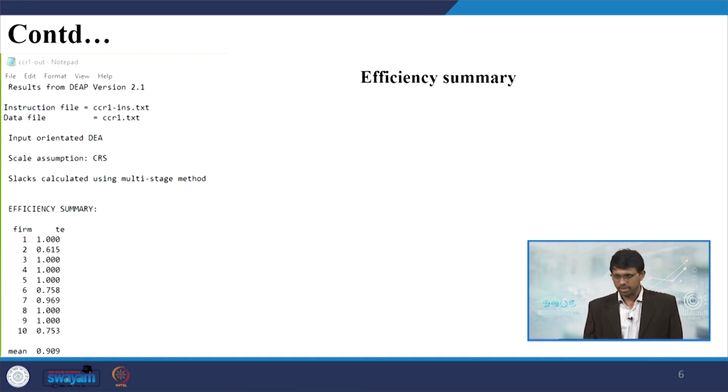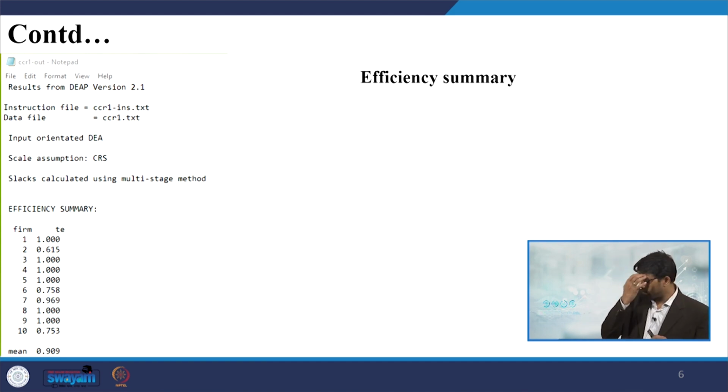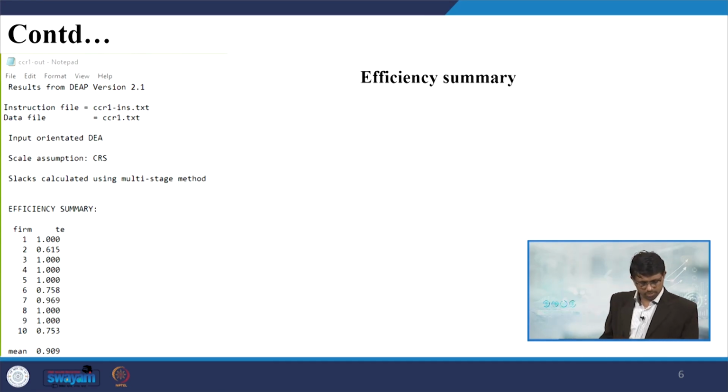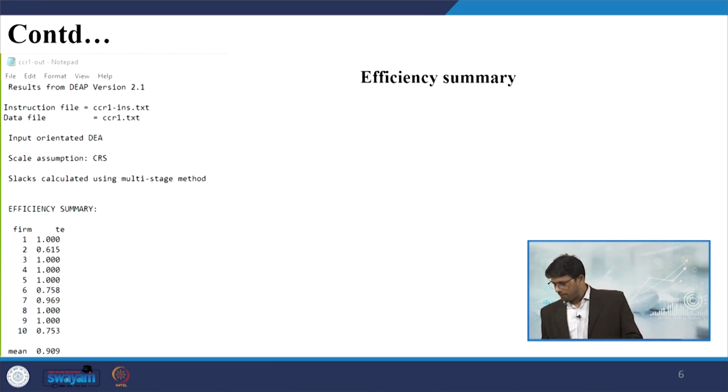From the data file we derived an input oriented DEA model, that is CCR-IN, as I mentioned. The scale assumption is of course CRS, constant returns to scale, and slacks are calculated using the multi-stage method. Slacks we already explained earlier in the basics. Now, I am just going to show you the basic result in the next screen.